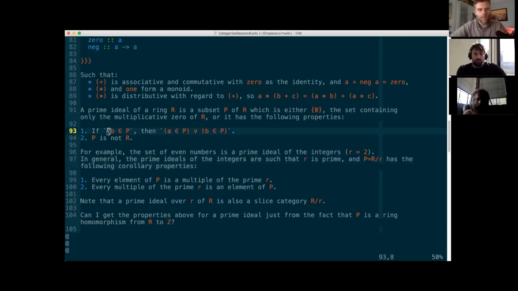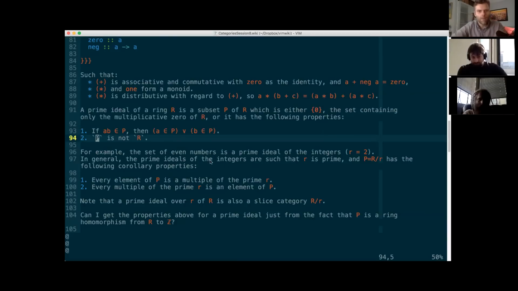Then we can see that if AB is in the prime ideal, then one of these is going to be a multiple of 2. Either A or B is going to be a multiple of 2. So basically, if AB is a multiple of 2, then A or B is a multiple of 2. Make sense? Where P is now the set of even numbers. So P is the multiples of 2. Yes?